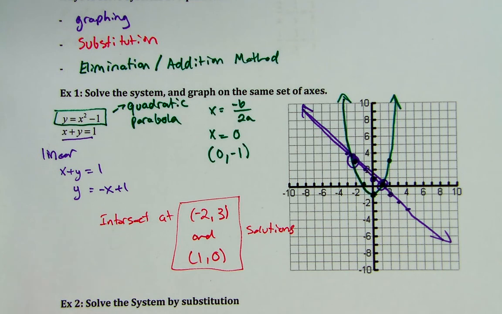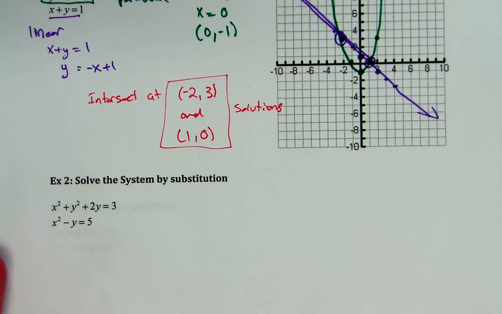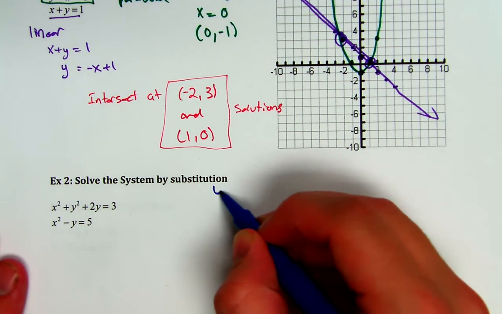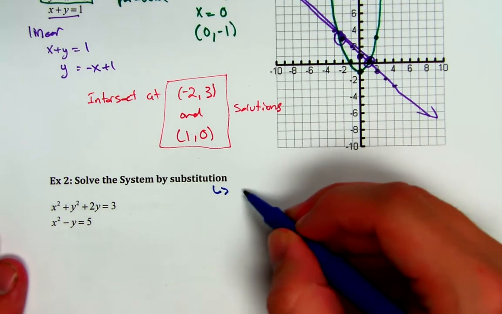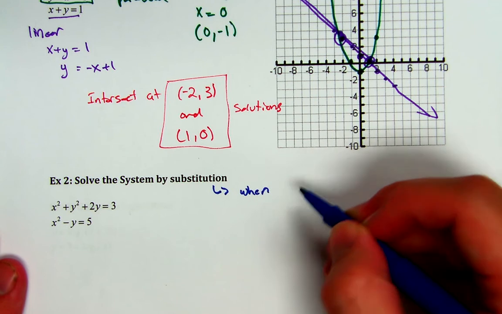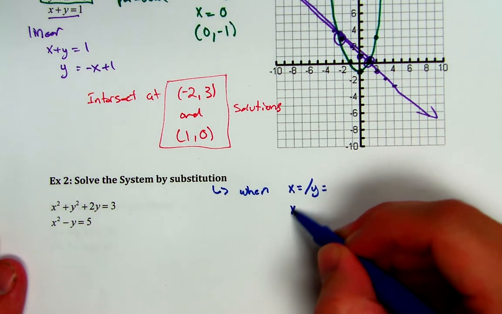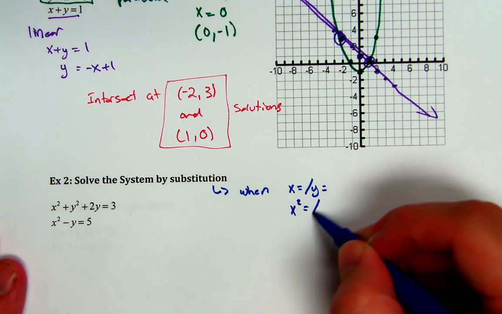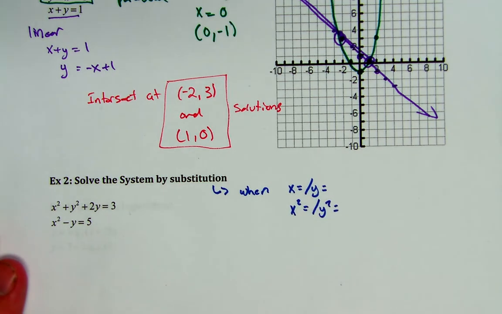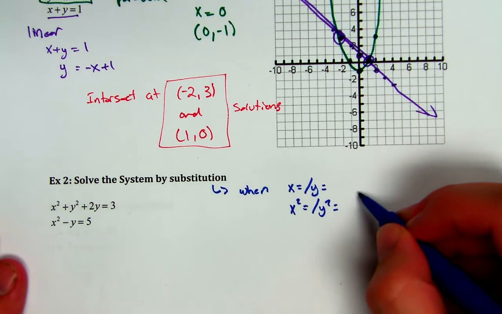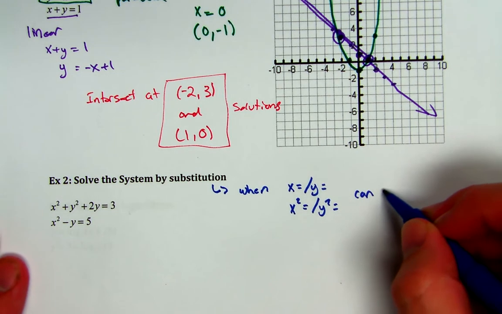All right, now let's talk about solving a system by substitution. What does substitution mean? We're going to use this when you have either an x equals, y equals, or even an x squared equals or a y squared equals, when those can be obtained.